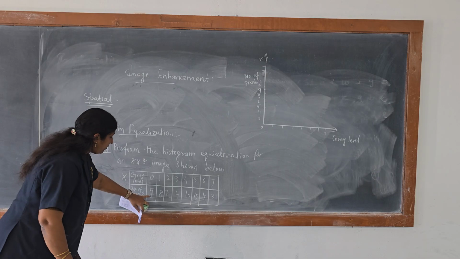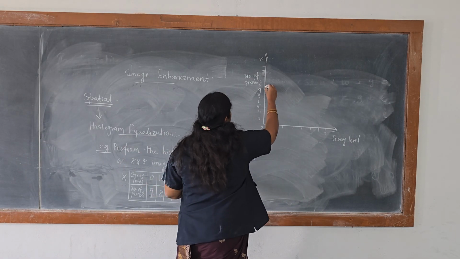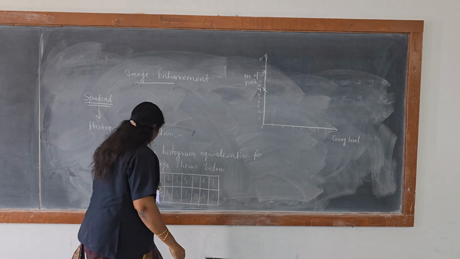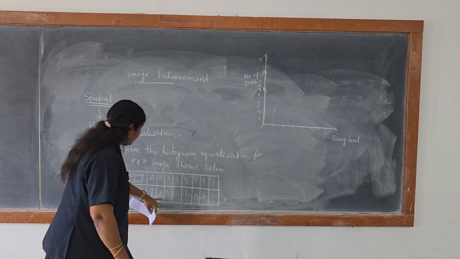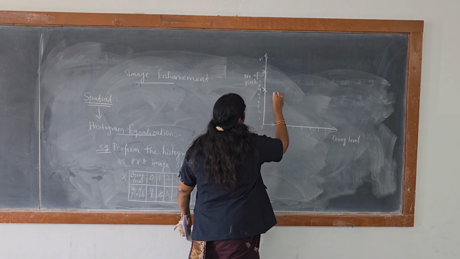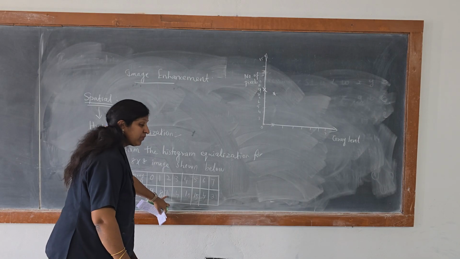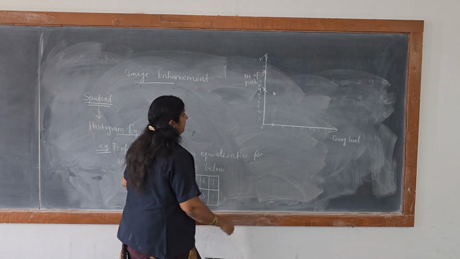Now on the x-axis 0, and the y value is 9. So mark it here. And for the intensity value 1, the number of occurrences is 8. So mark it here. And for the intensity value 2, the number of occurrences is 11.